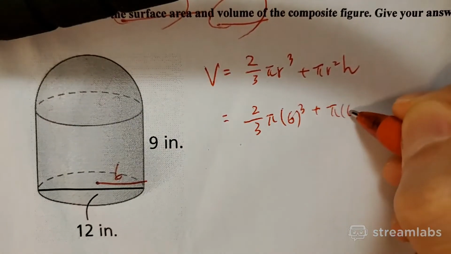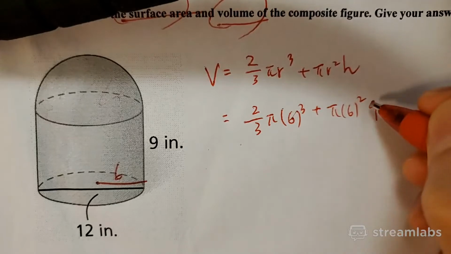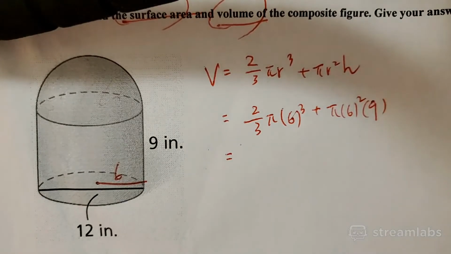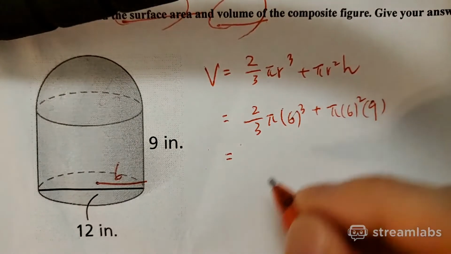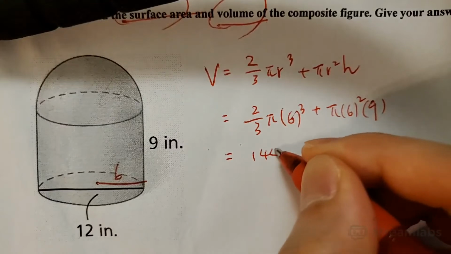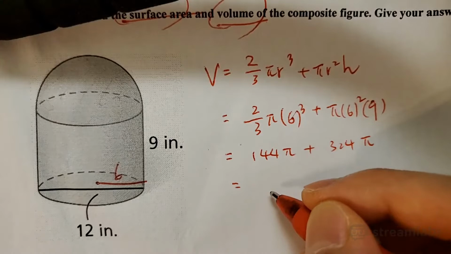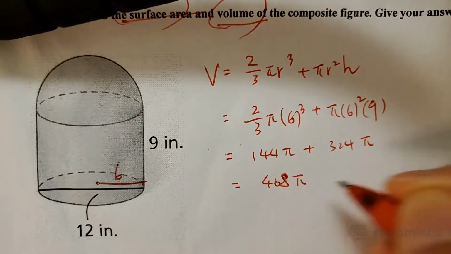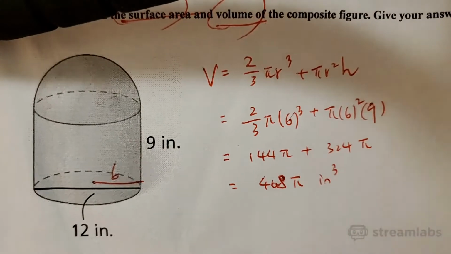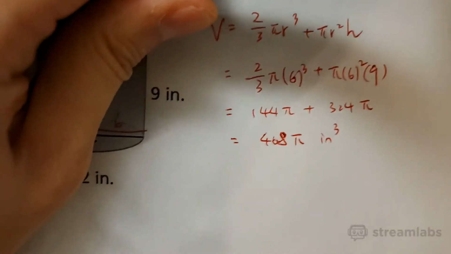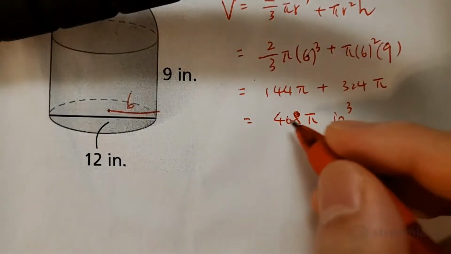Plus pi 6 squared times 9. So together, this ends up being 144 pi plus 324 pi. Together is 468 pi. This is in inches cubed. Right. So that's volume.